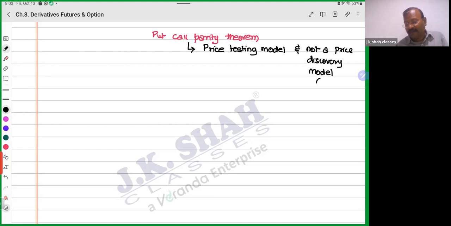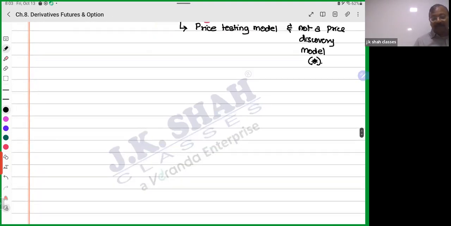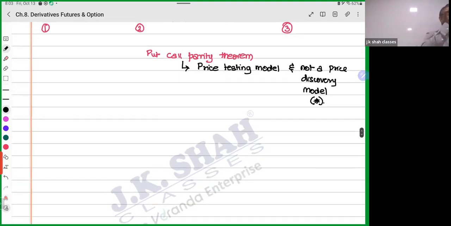But I'm star marking this, conditions apply. Meaning you can't use this model to discover the price of the option. But having discovered the price of the option through these three models, you can put that option pricing into this put call parity and test for optimality, meaning whether the price that you have found out is correct or not.